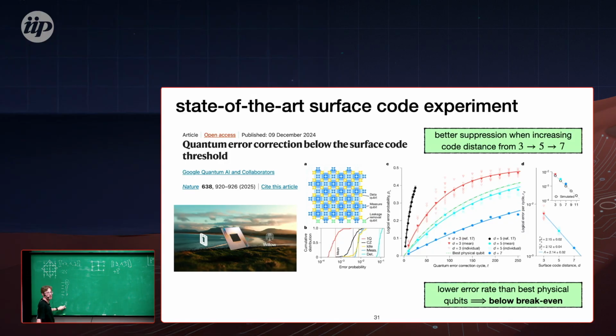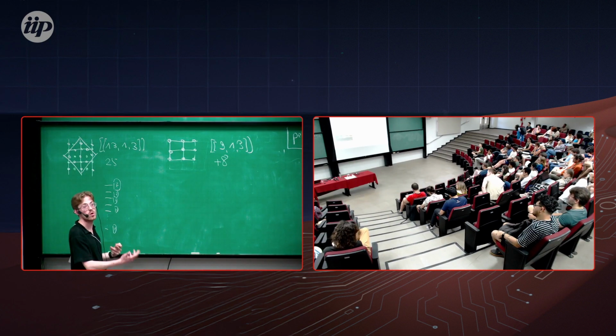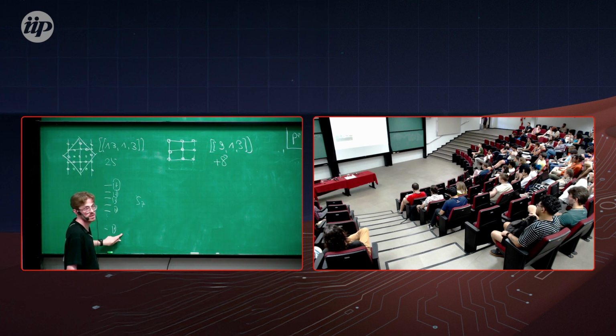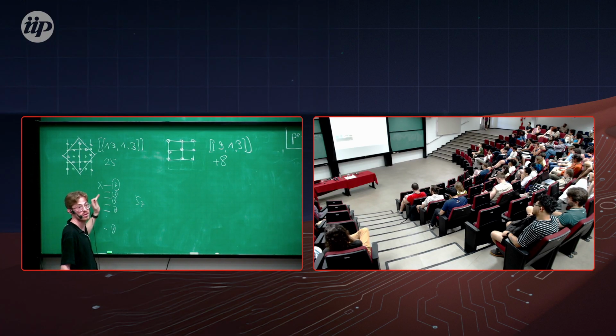And then this will collapse to a valid logical state or not. But we can reconstruct all Z stabilizers from these Z measurements, and then we can use this to correct the bit flips that happen almost at the very end.